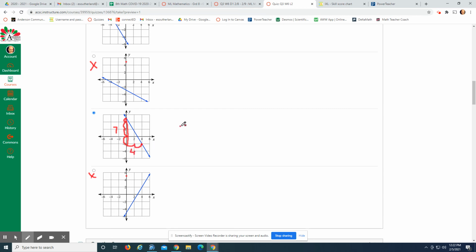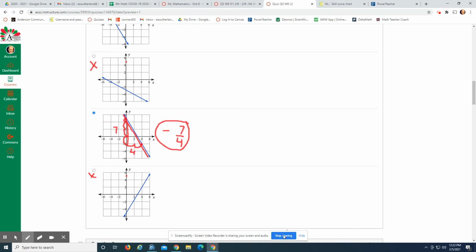So I've got 7/4, and then reading the graph left to right, it goes down. That tells me negative, which is the slope I was looking for. So I know that this is the graph that I want.